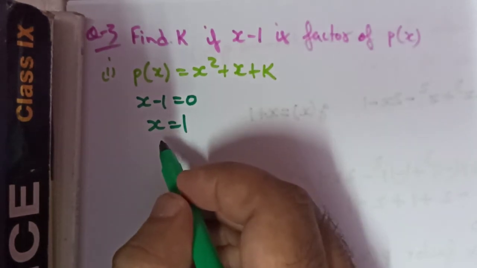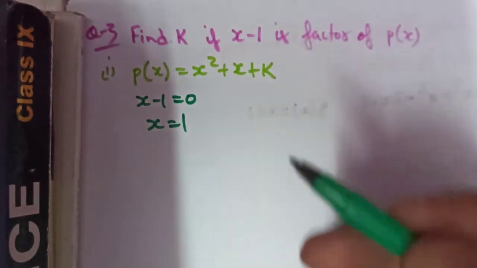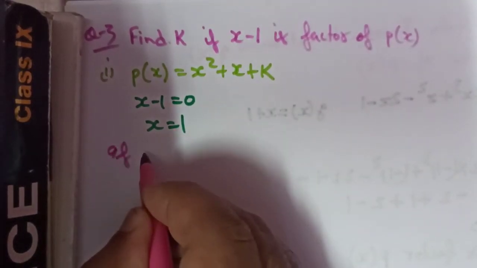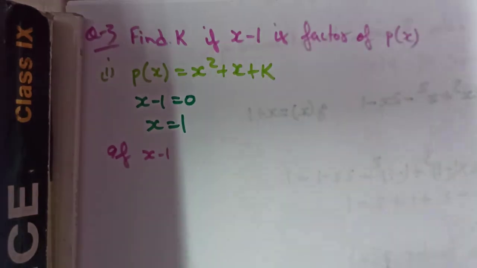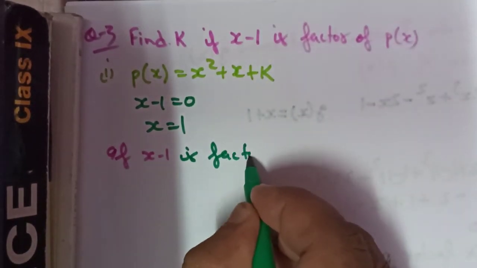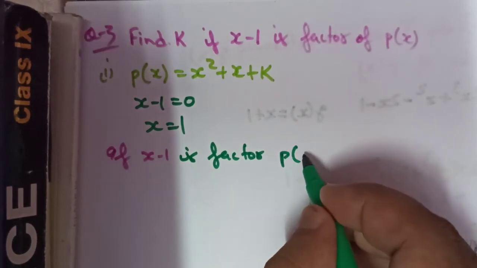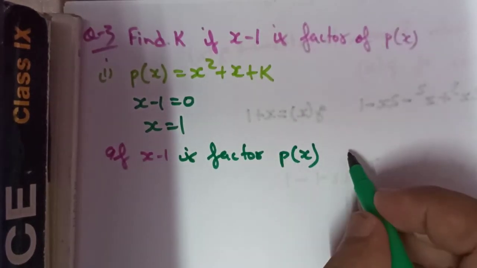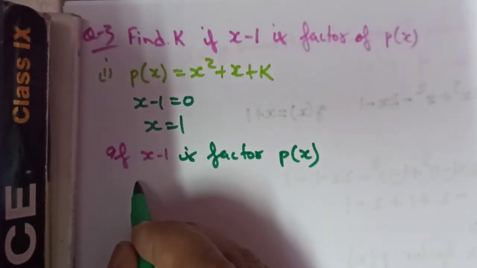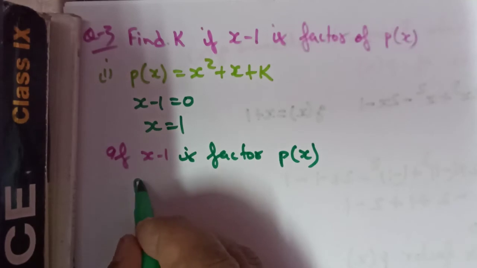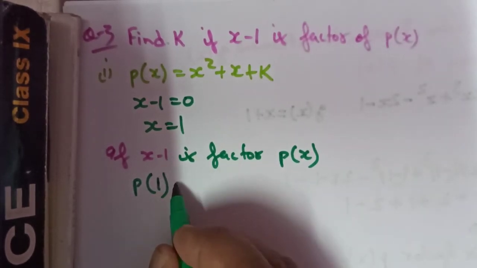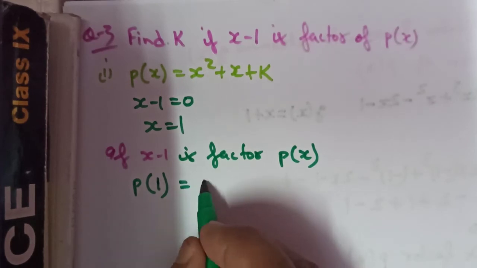So 1 is the 0 of the polynomial. So if x minus 1 is a factor of p(x), that means that 1 is the 0 of the polynomial and the remainder will be 0. And what is the remainder? Remainder will be p(a), that is p(1) will be equal to 0.